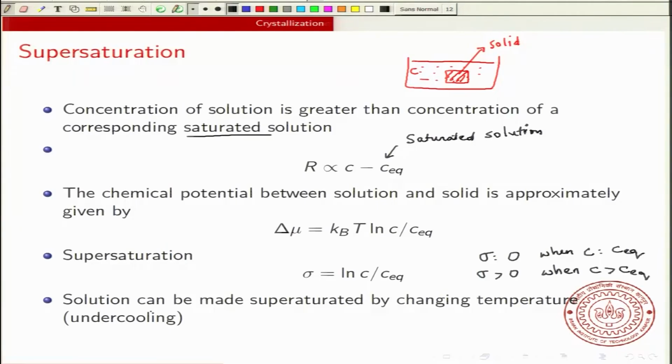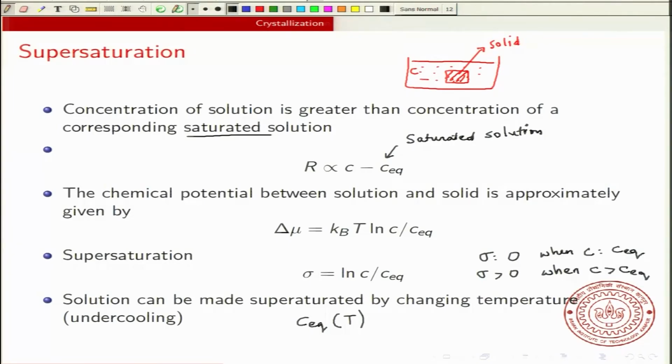Now, what happens is that when you cool it to a lower temperature, your saturated solution concentration actually becomes lower. In other words, C equilibrium is a function of temperature. C equilibrium at higher temperatures is higher and at lower temperatures is lower, which makes sense, since if you have a higher temperature, then you can dissolve more material.